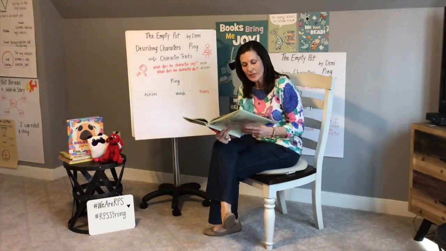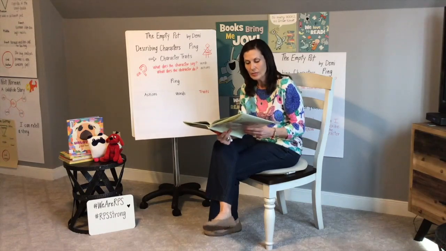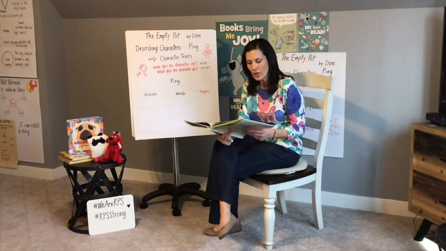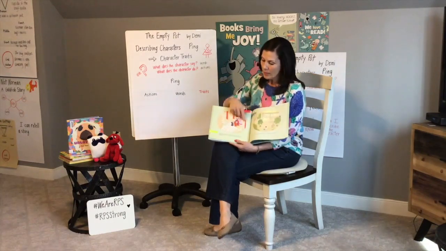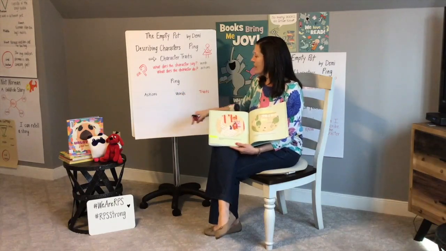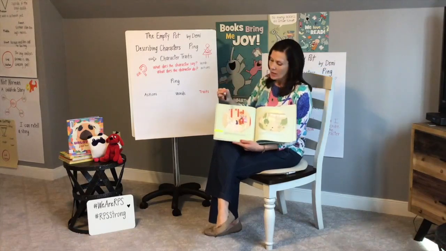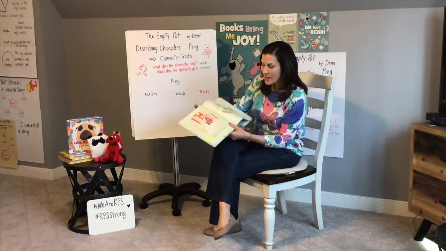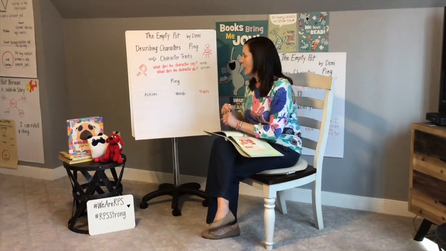When Ping received his seed from the emperor, he was the happiest child of all. He was sure he could grow the most beautiful flower. Now, Ping isn't saying anything on this page, so there's nothing to write down for words. But for his actions, the text said he was sure he could grow the most beautiful flower.